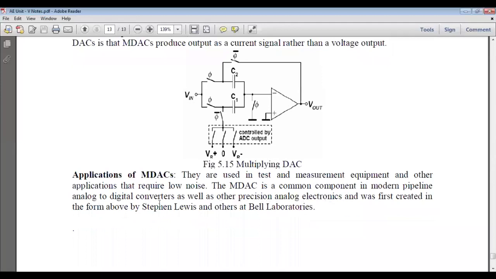Pipeline ADC means a number of A to D converters will be connected in a cascaded manner. In that case, a multiplying DAC can be used. You know very well, a DAC is nothing but a part of the ADC, especially in the successive approximation method to convert the signal from analog to digital. So these are the various applications of MDAC.